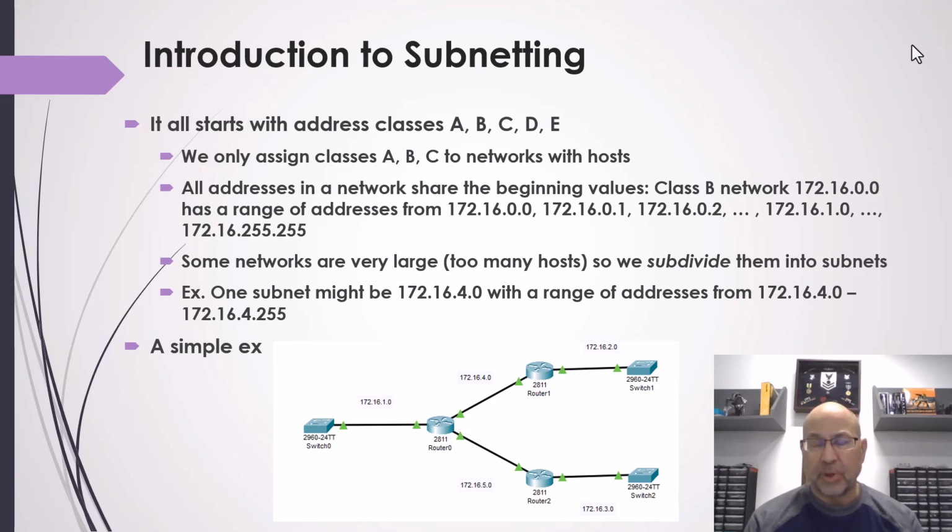So as an example, inside the 172.16.0.0 address space, we might have a subnet that is 172.16.4.0. So it lives inside 172.16, but it's cordoned off as sort of a separate thing.